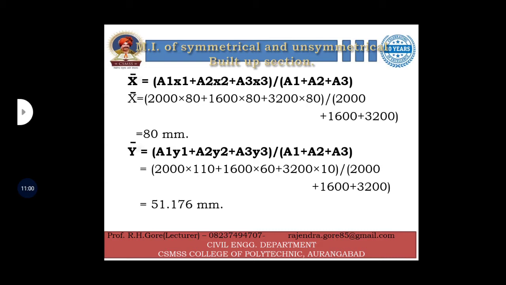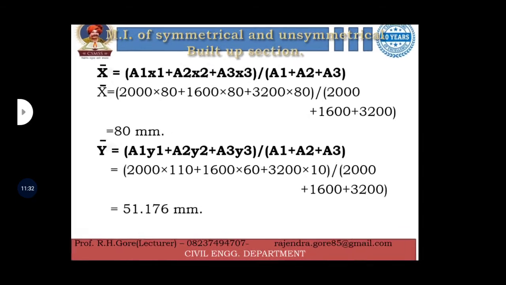Or we can find out directly, जसं की मी पहिल्यांदाच सांगितलं, जर फिगर सिमेट्रिक अबाउट y ॲक्सिस असेल तर x bar डायरेक्टली टोटल विड्थ बाय 2, so 160 by 2 is 80 mm. y bar is a1 y1 plus a2 y2 plus a3 y3 upon a1 plus a2 plus a3. so y1, y2 आणि y3 चे व्हॅल्यू पुटअप करा, एरिया पुटअप करा त्या रेक्टँगलचे, तुम्हाला भेटेल y bar 51.176 mm.